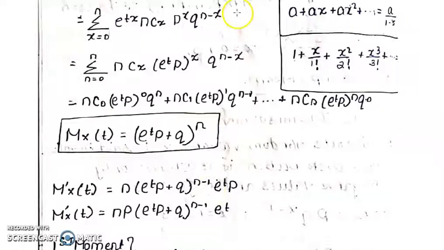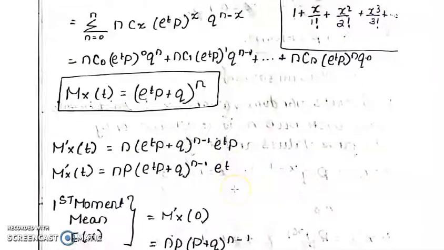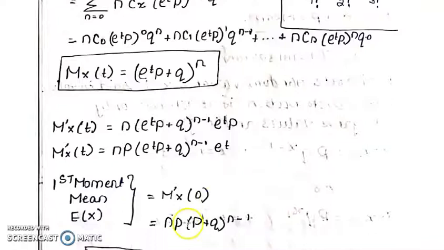To find mean and variance, differentiate this moment generating function with respect to t. The first derivative gives n (e power t p plus q) power n minus 1 into e power t p, since differentiating the linear function gives e power t p. Put t equal to 0 here.